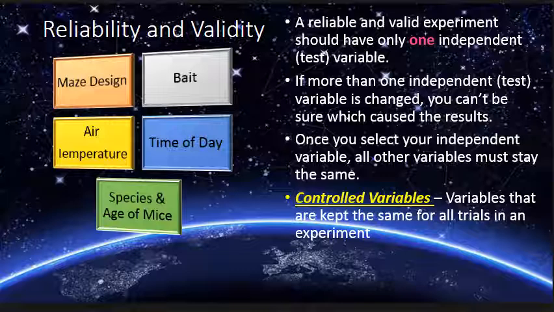The bait is the same, so the type of cheese or peanut butter or whatever it is. Maybe the air temperature might influence it, so you want to make sure you can control that as much as possible. The time of day you test the mouse or the mice. And then you want to make sure the species and the age of the mice are the same. And there's some other things. You could have a ton of controlled variables. The idea is try to keep them controlled as much as possible.